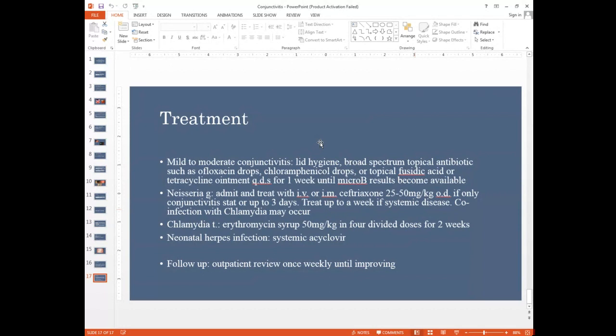But if there is Neisseria or chlamydia, they would need systemic treatment as well, as I stated here. Herpes infection would require acyclovir antiviral, and patients are followed up as an outpatient.